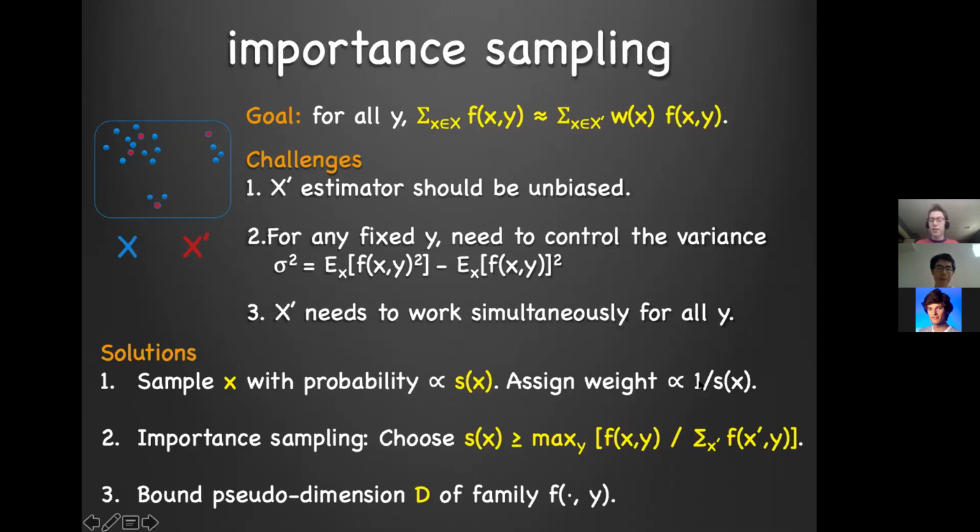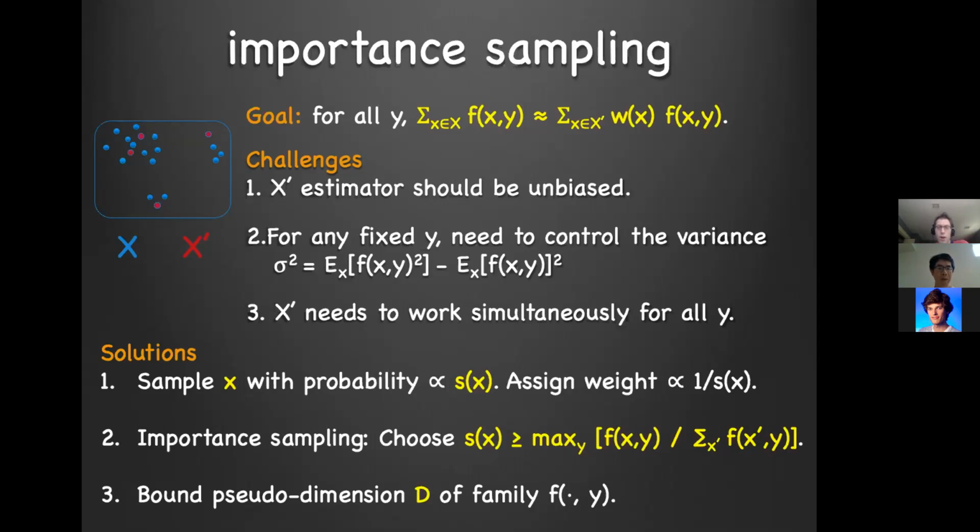But then the weight of each point, if we choose to sample it, should be 1 over s of x. And so the fact that the weight balances out the probability of accepting x means that we get this unbiased property. Then, to control the variance, one way of doing it is to choose s of x to be larger than this quantity on the right-hand side here, which is sometimes called the sensitivity.